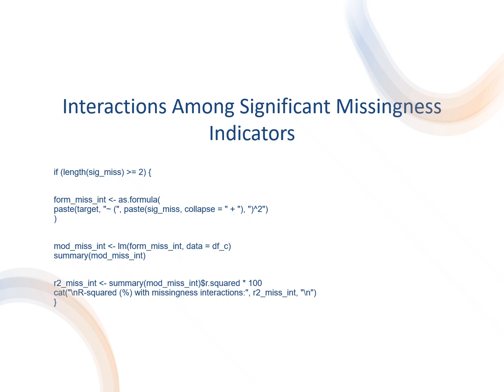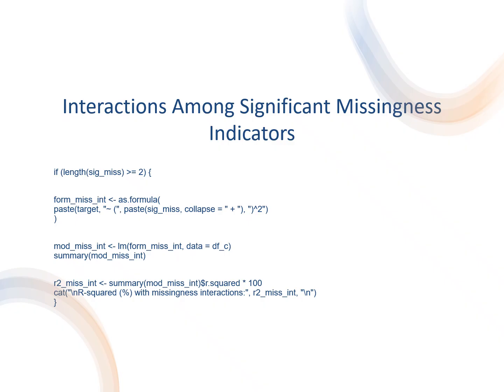Next, interactions among significant missingness indicators. Here, if multiple missingness indicators are significant, I test whether combinations of the missing values carry even more information. This is done through an interaction model where two missingness indicators are multiplied together.